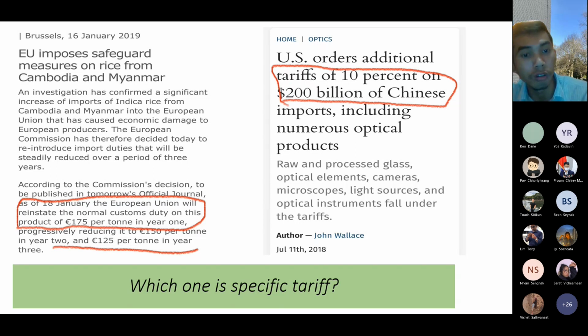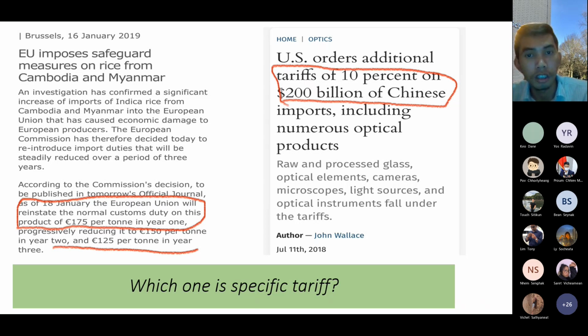No tariff, nothing on Cambodian products. But as of January 18, 2019, after finding that Cambodian rice had excessively entered the European market, the EU decided to reinstate a normal customs duty on the product of 175 euro per ton in year 1, progressively reducing to 150 euro per ton, and then in year 3, 125 euro per ton. So 3 consecutive years.